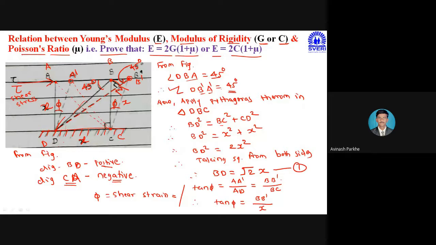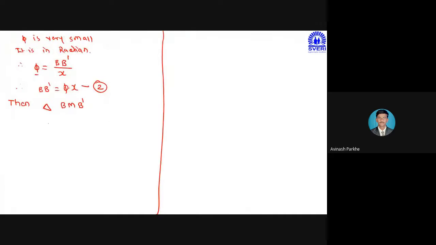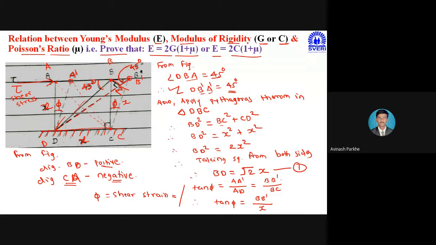So in this particular triangle, if I apply the cos 45 rule, why cos 45? Because 45 is the angle, and for our further calculation, if I apply the cos rule, what will be the cos rule? Please tell me. Trigonometric formula: cos theta is equal to, what will be the formula?